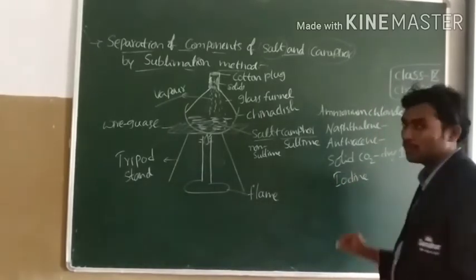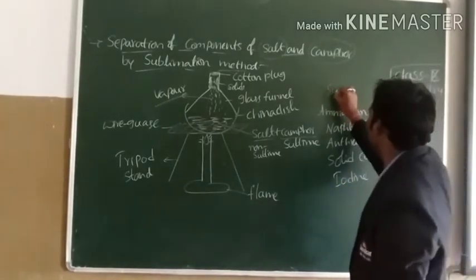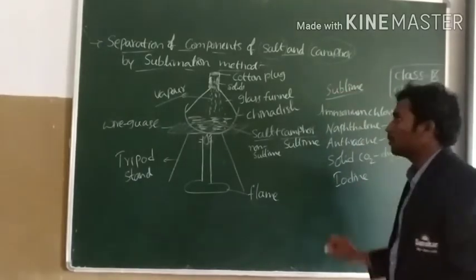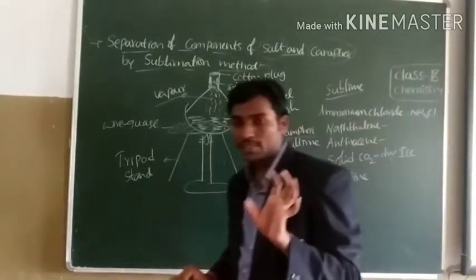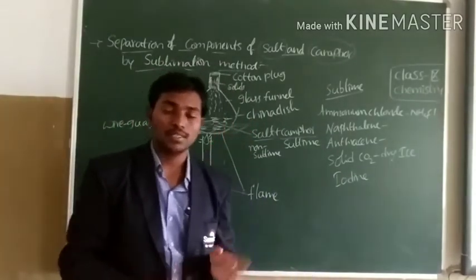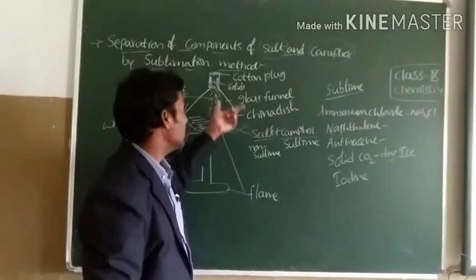So these are some of the examples of sublimating agents. This is the way we can separate components of a mixture when one component acts as a sublimating agent, by the sublimation method.